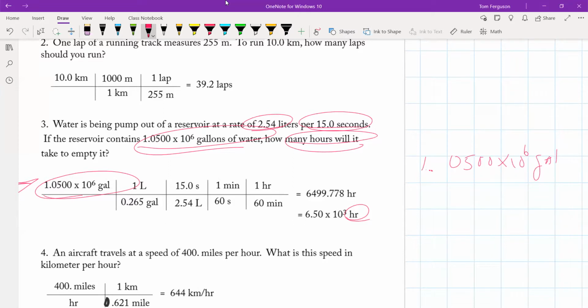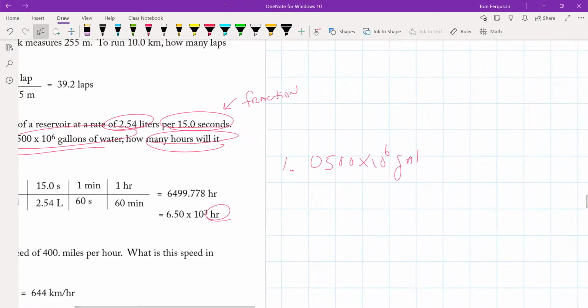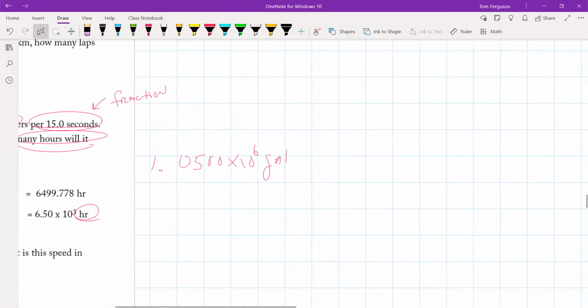And included in the question is a conversion factor. Remember, conversion factors are fractions. So that's 2.54 over 15 seconds, a fraction. So what's given is 105 times 10 to the 6 gallons, and we want to convert to hours.